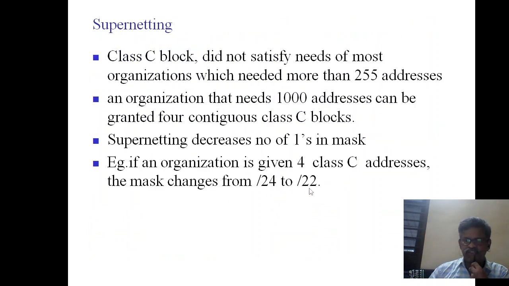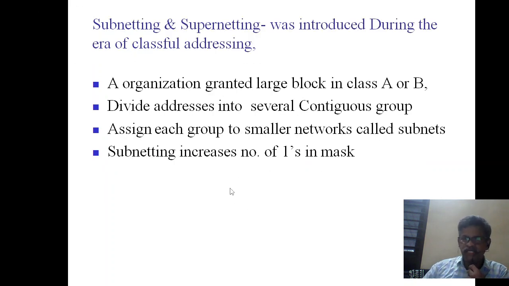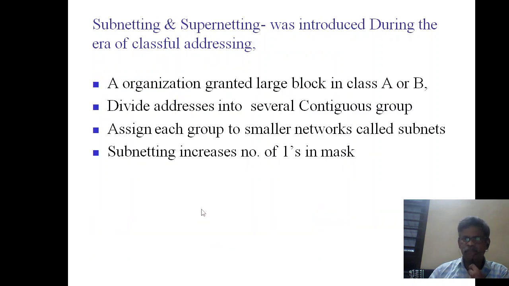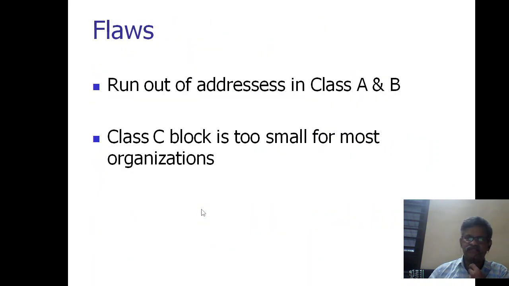From /24 we are reducing the mask to /22, which means the common portion is only 22 bits and the remaining 2 bits decide which among the 4 groups. So it becomes part of the host address. Like that you can use supernetting and subnetting in classful addressing to vary the number of ones in the mask. So that is how subnetting and supernetting is done.